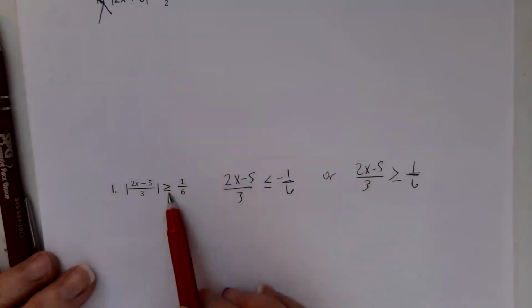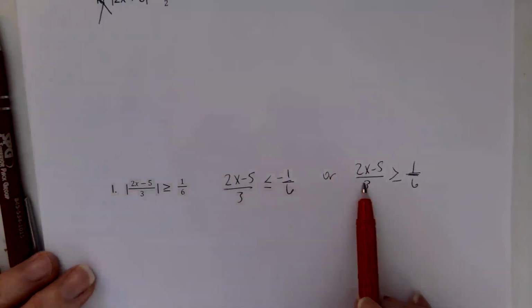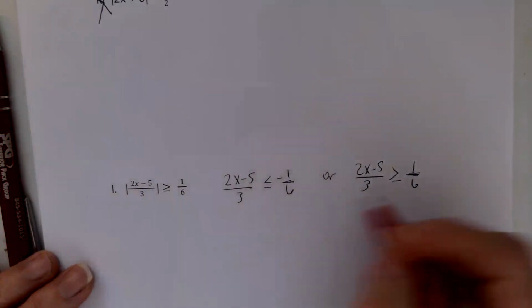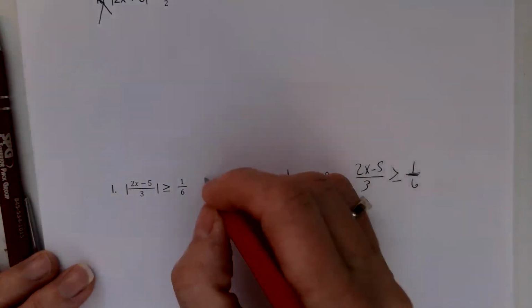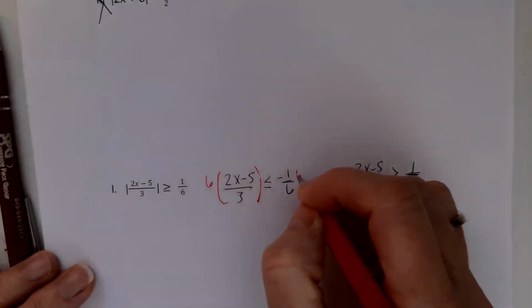Because it's greater than, it's less than or equal to the negative, or greater than or equal to the positive. So I'm going to first multiply through by 6 because it's a multiple of 3 and 6 to get rid of our fractions.